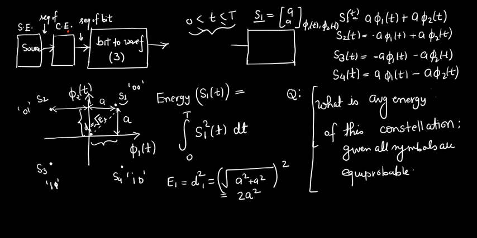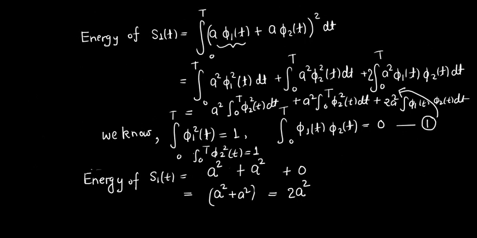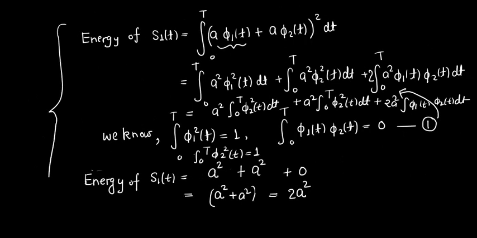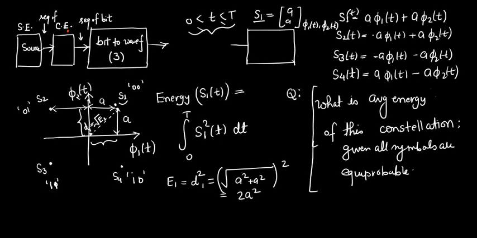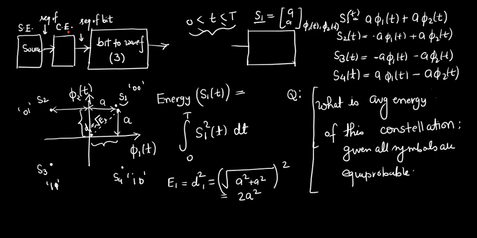So there is no need to do all of this. If you know the distance of each constellation point from the origin, you can directly evaluate the energy of each of this waveform. So what is the energy corresponding to waveform S1T? Just look at the distance of this constellation point from the origin and square it.